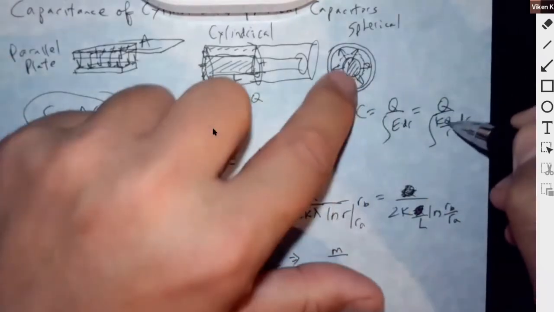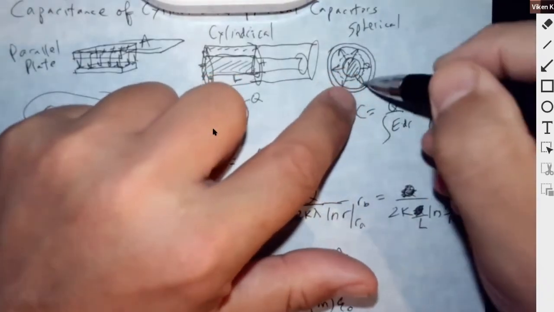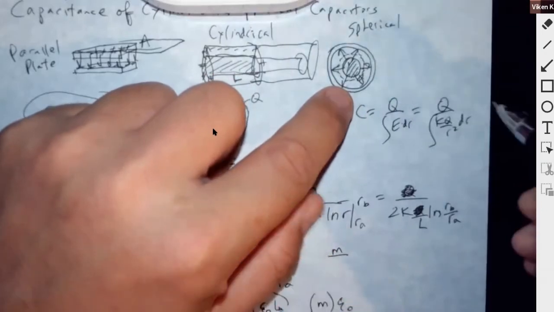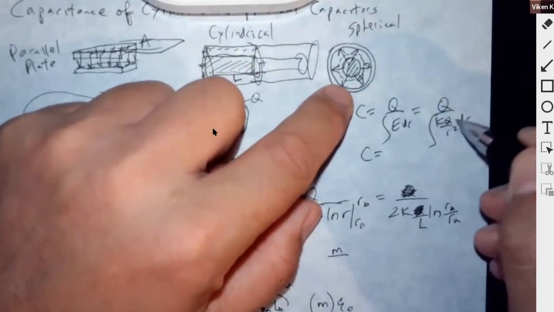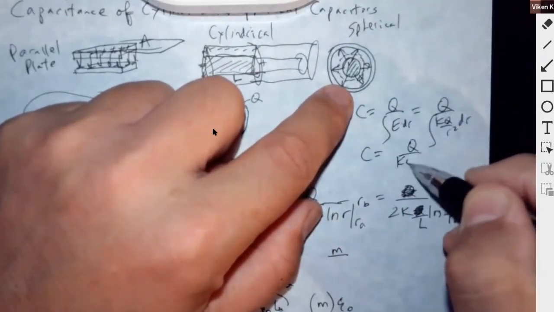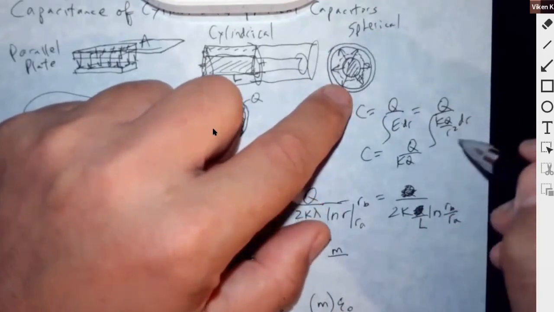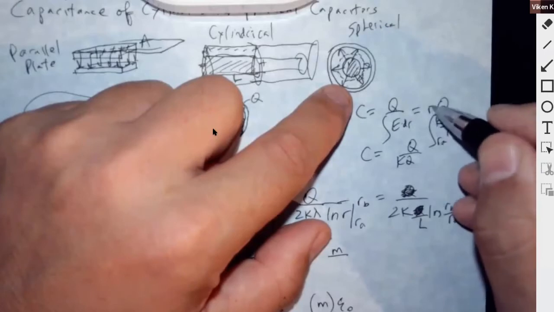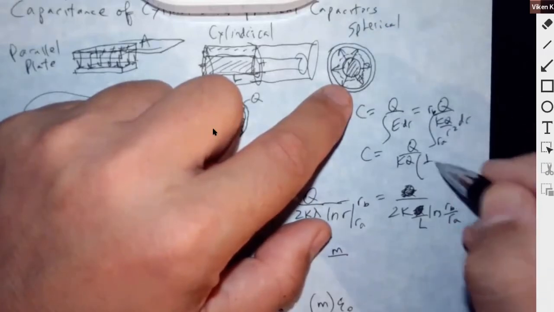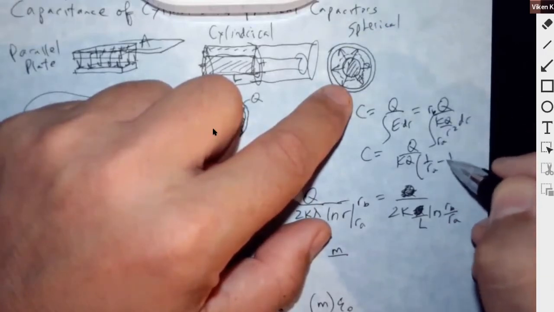So this is the electrical field between two spheres right here. Then the KQ comes out. And then integral of 1 over r squared is 1 over r. So then you're going to integrate that from RA to RB, 1 over RA minus 1 over RB.